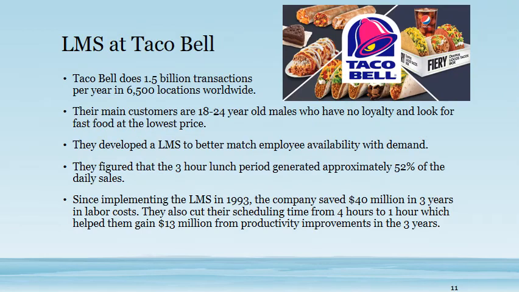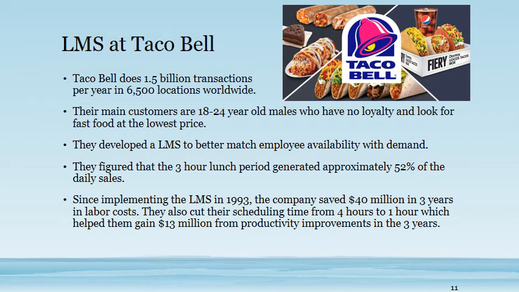The second example I have of a company using a labor management system is Taco Bell. Taco Bell is an American fast food chain based out of Irvine, California. They do about 1.5 billion transactions a year from over 6,500 locations worldwide. And they try to complete each transaction within 3 minutes.